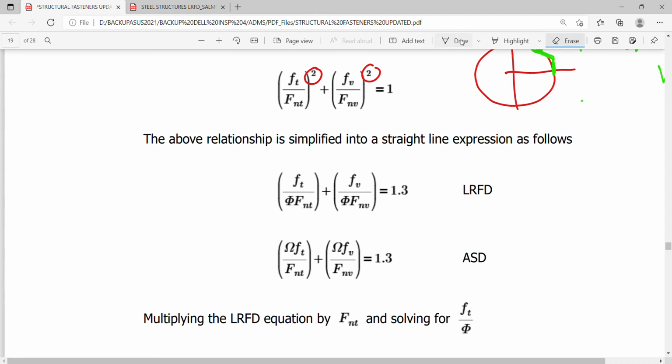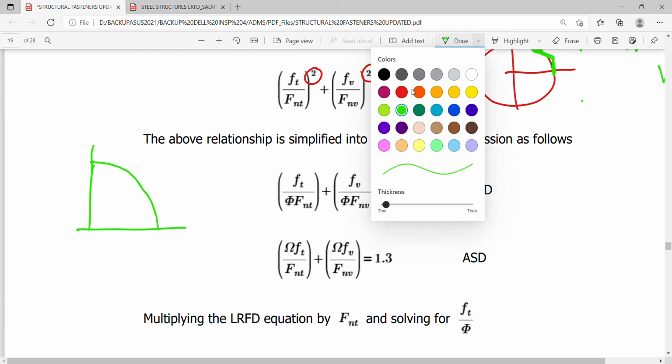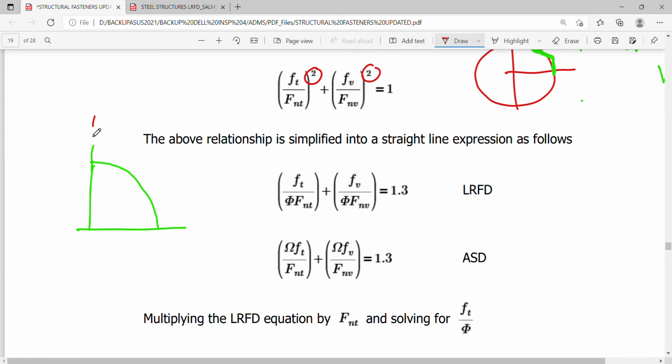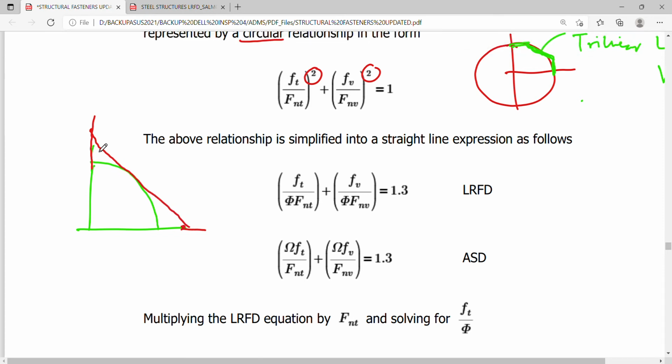Okay, so if I have here an interaction equation in the form of a quadrant of a circle, I might as well make use of a trilinear limit in the form having my intercepts, okay, slightly higher. Okay, so I can have my intercept at this point and at this point, such that if I connect these lines here, I get a failure line upon interacting the two limit state conditions in this form.